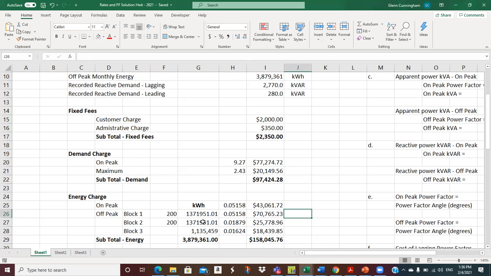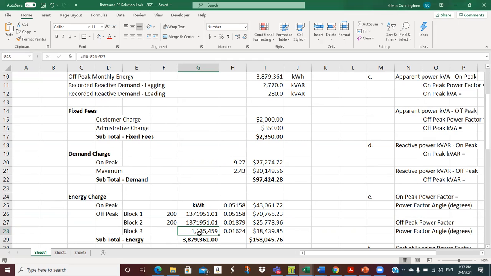So it's the same number of kilowatt hours times this second block rate, which is a whole lot lower. They're getting cheaper. So that's $25,778.79. And then you take these two, because the multiplier on this block is 400. So it's going to be the sum of these two.